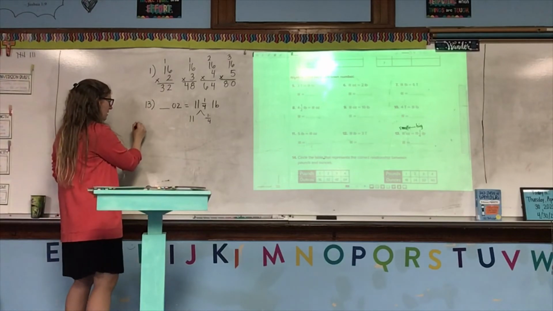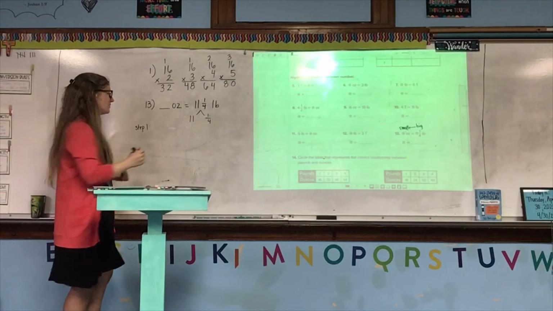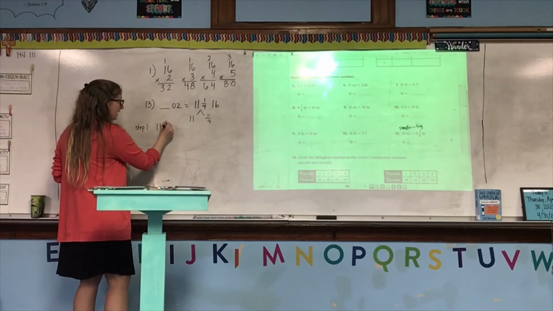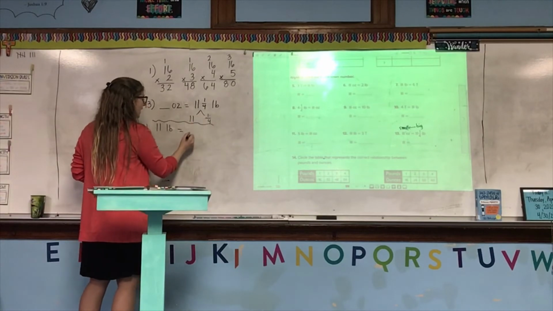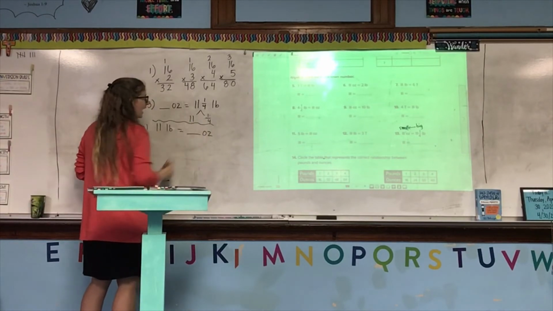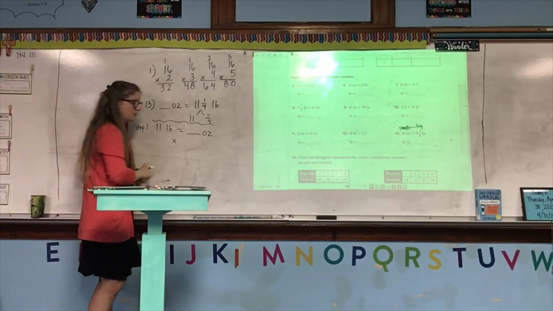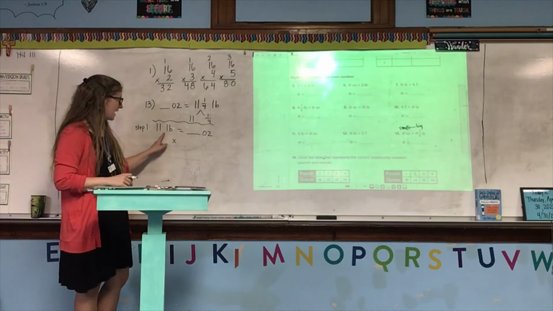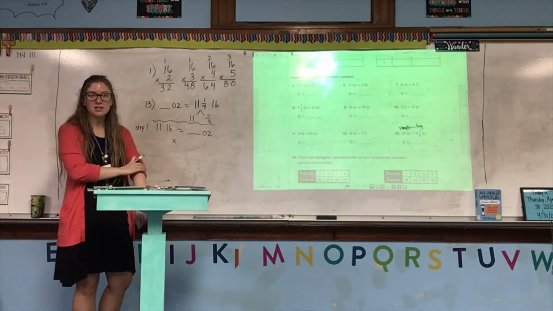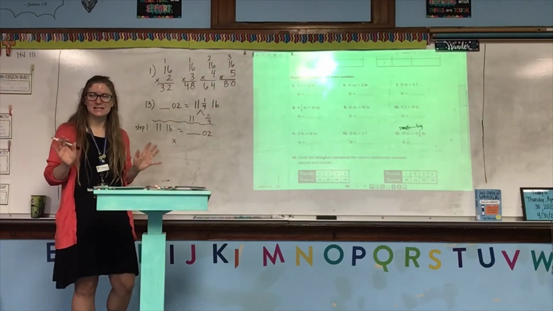Now, step 1 is to figure out how many ounces are in the whole. So 11 pounds, I'm going to draw a little line here, is equal to how many ounces? Well, we know we're going from big to small, so I'm going to be multiplying. We know that on our chart of just the units, pounds and ounces are right next to each other, so I don't have to add an extra step in there converting it to tons.